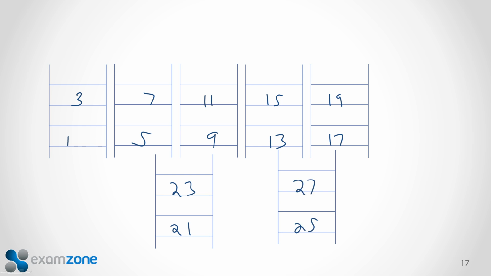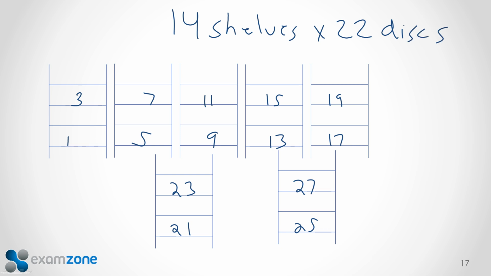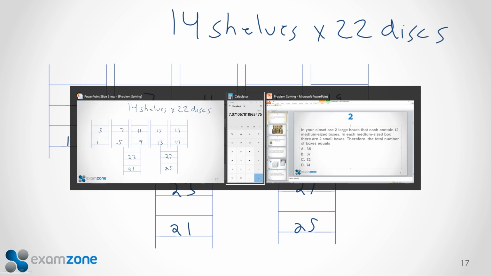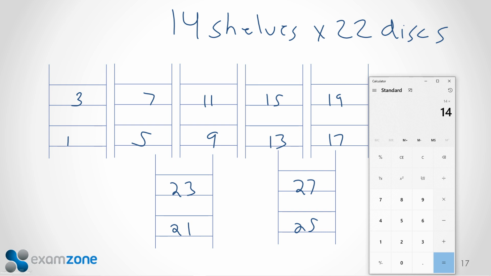All right, so we have 28 shelves, and as you would figure, there are probably going to be 14 odd numbers, right? Yeah, since each one has 2. All right, so we have 14 shelves times 22 discs. 14 times 22, 308.